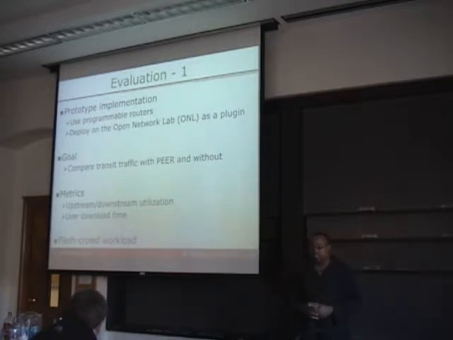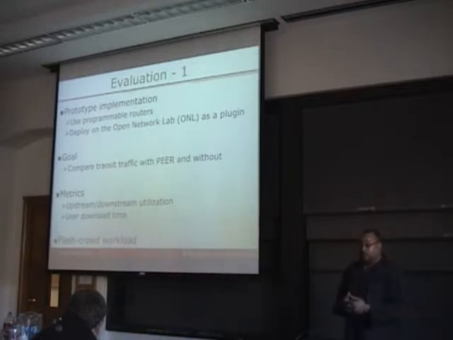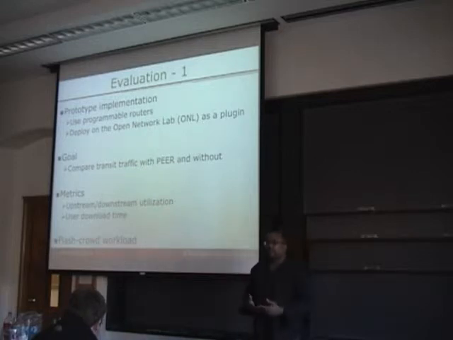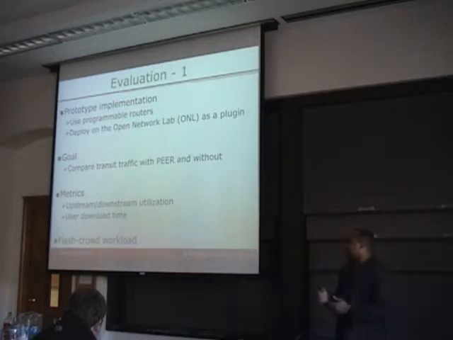Also we wanted to consider the impact on end user performance, so another metric that we included is download time. We only consider the flash crowd workload, which is a workload where a popular file is just made available and everybody connects trying to download that file quickly. That's one of the most taxing workloads on the transit link and on the system as a whole. The other workloads that we could have considered, we initially started with the flash crowd workload.